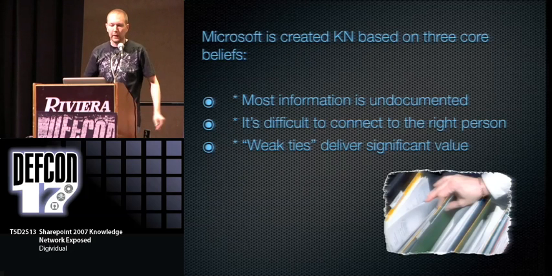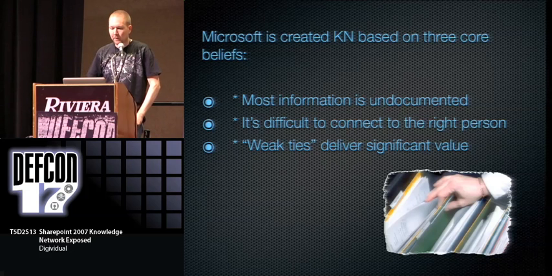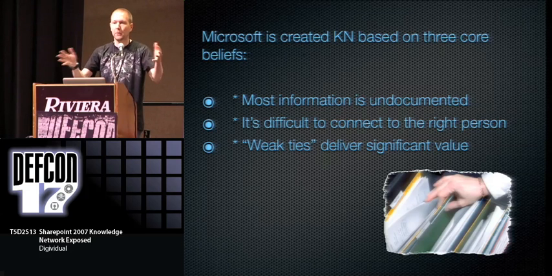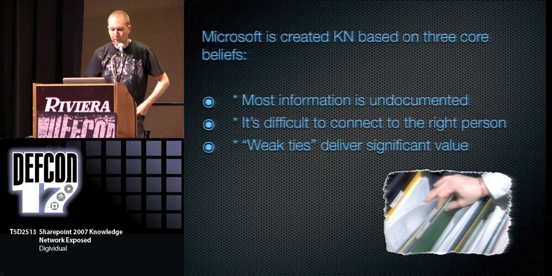Microsoft decided to create the Knowledge Network based on the fact that most information in companies is undocumented, and it's difficult for the organization to know who has the specific knowledge that is needed so that people can easily collaborate and connect.